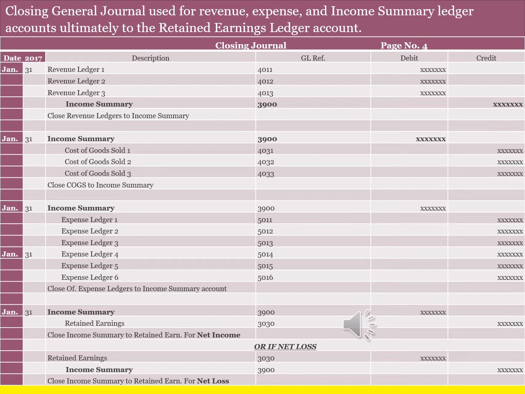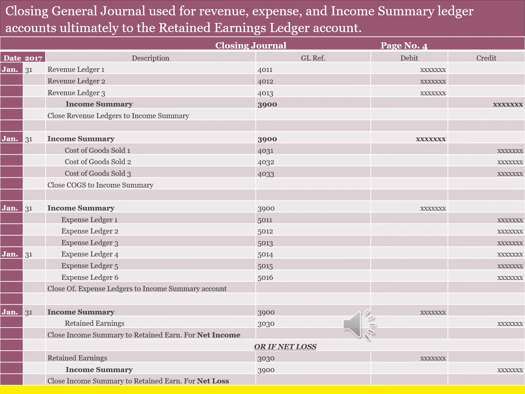However, if the total expense amounts are larger than the total revenue amounts that were transferred to the income summary account, the income summary account will have a net debit balance or net loss, and the account will then be closed by crediting the income summary account and debiting the retained earnings account.